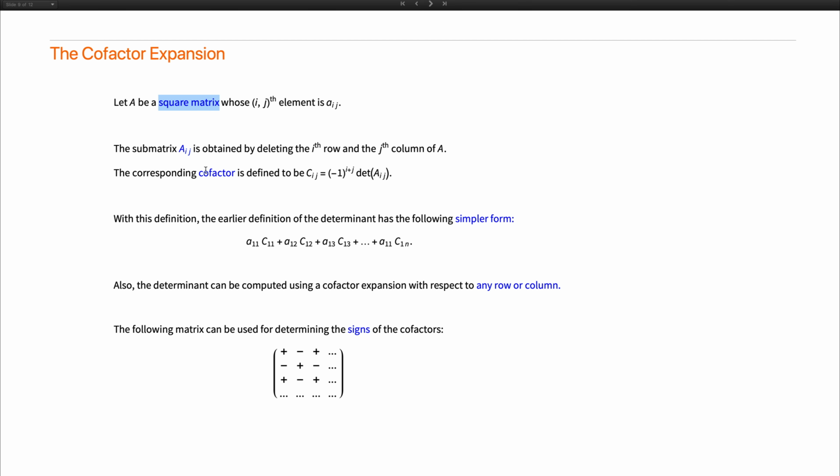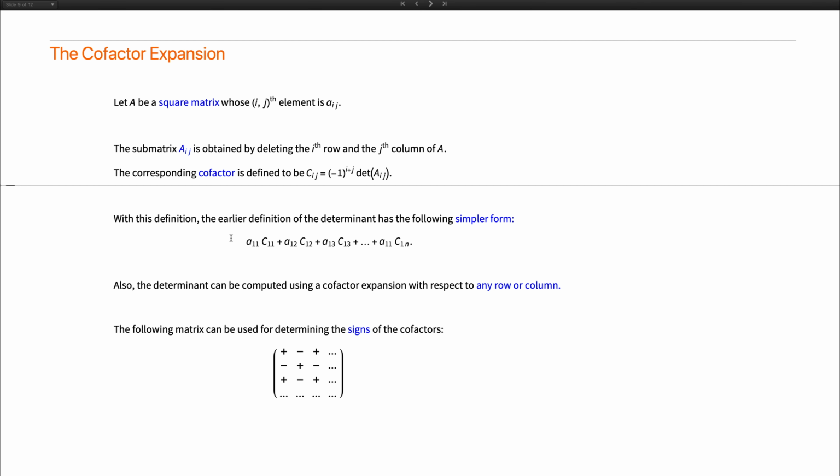But now you define the corresponding cofactor to be not just the submatrix, but also the submatrix determinant times the factor over here, which is minus 1 raised to i plus j. So basically what you do is you kind of try and build in the negative factor into the calculations.